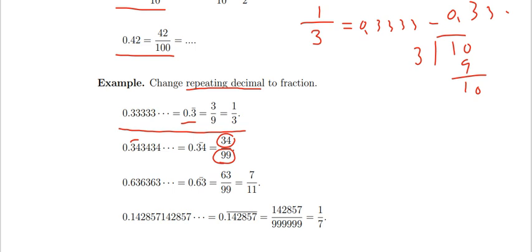If we repeat 3 numbers, 1, 2, 3, 1, 2, 3, 1, 2, 3, this equals 123 over 999. So we have this way.